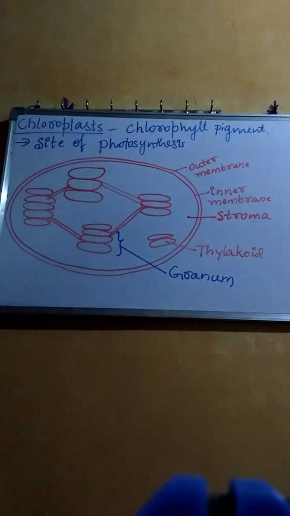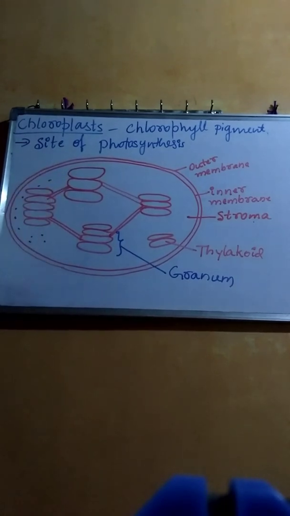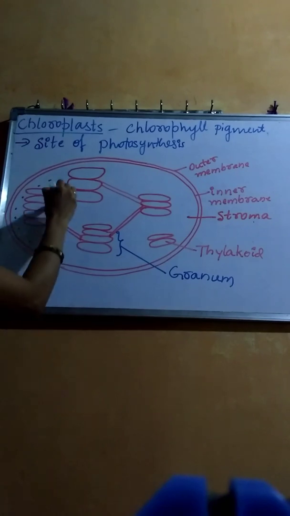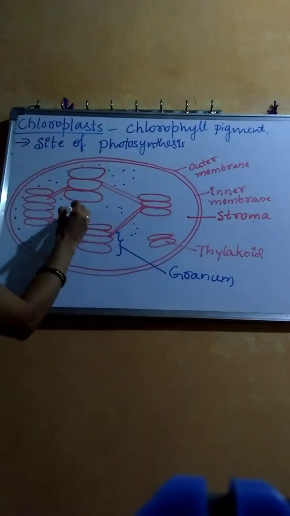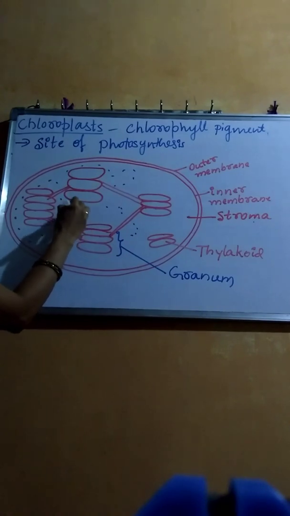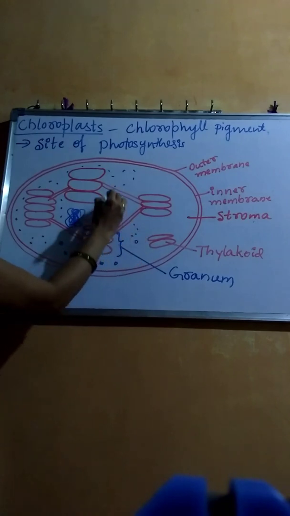Other than the thylakoids or grana, the stroma contains some enzymes. In the stroma, enzymes are present. Then DNA and ribosomes are present.